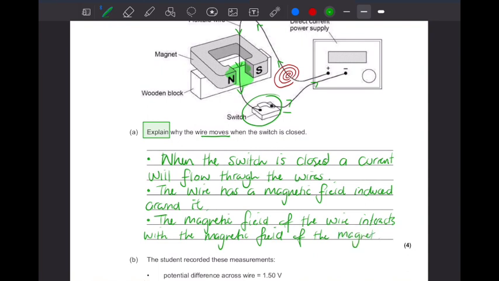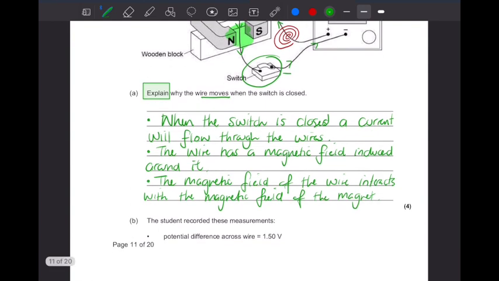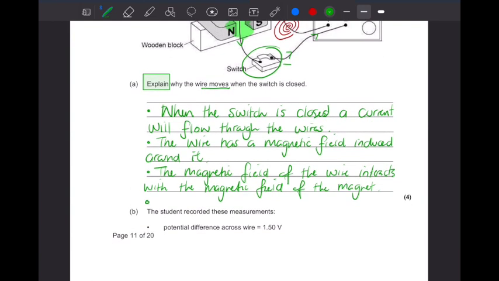So when the switch is closed, current flows through it, the wire gets a magnetic field. The area where the wire is passing through the magnetic field of the magnet, the magnetic field of the wire interacts with the magnetic field of the magnet, and we know that if two magnets are pushing each other, they move.